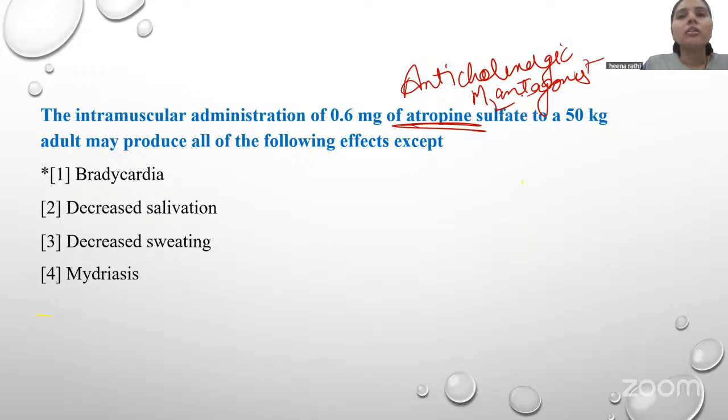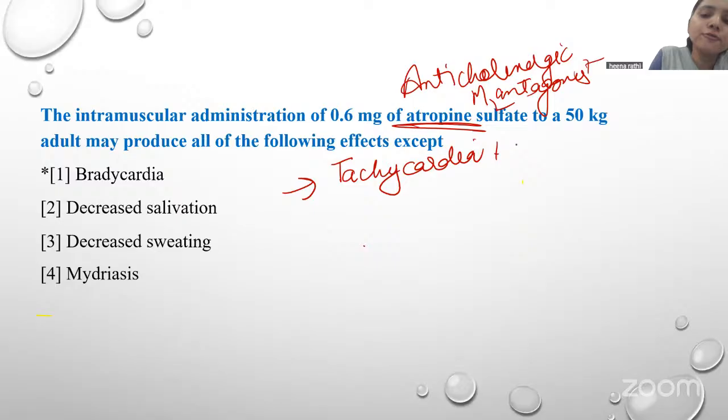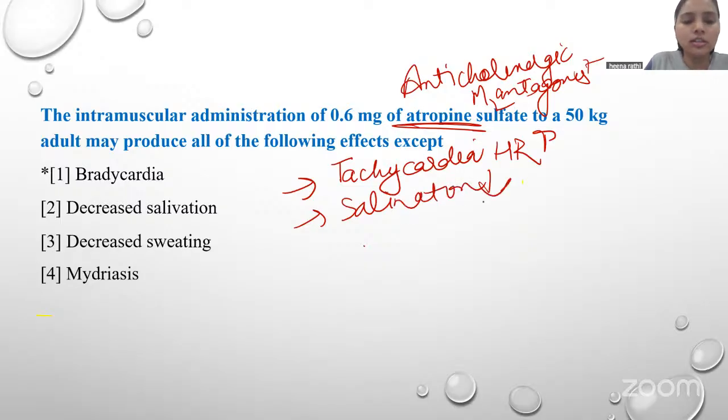Atropine is a drug which is responsible for tachycardia. The first effect seen with atropine is tachycardia. Then it decreases all the secretions, so decreased salivation and decreased sweating will be seen.